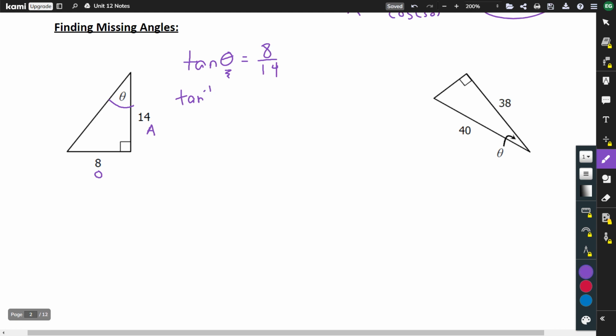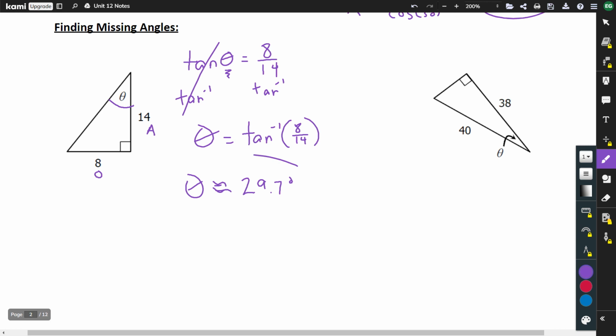So if I do tan inverse, which is tan to the -1 as it looks, it cancels out my tangent here, leaving me just with theta, and then I have to do the inverse tangent of this ratio. So when I plug that into my calculator, since I'm in degree mode, I find that theta would approximately be 29.7 degrees. All right, one more.